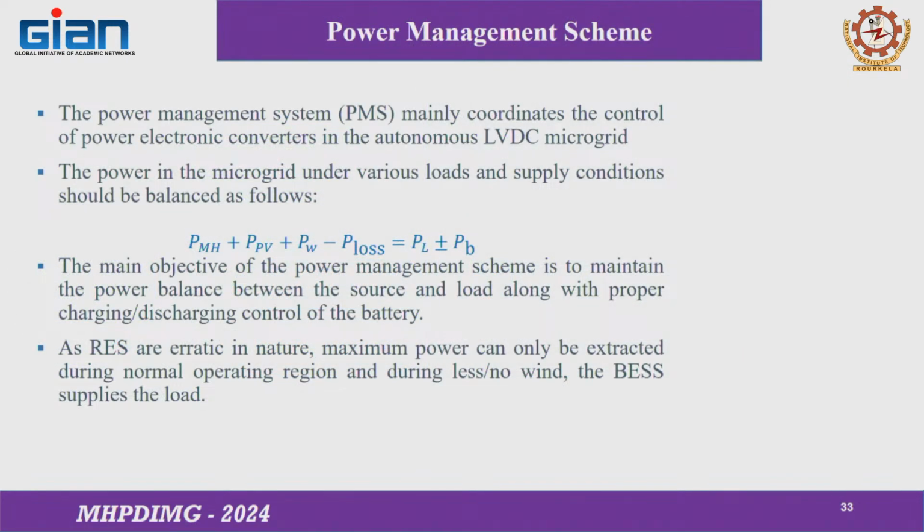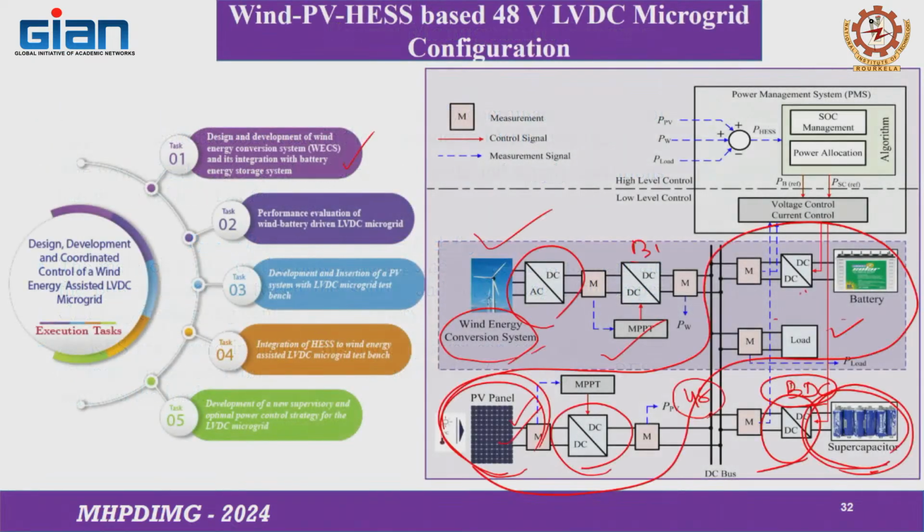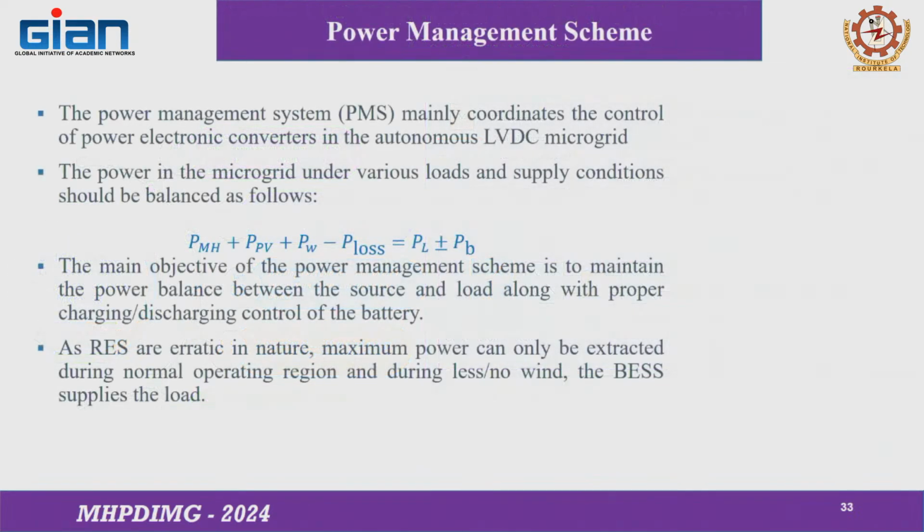Then in the low level of control we have tried to make the DC bus voltage constant. Going to the higher level of control, we go for the power management, and the SOC estimation of the battery is also done. The battery is prevented from overcharging and over-discharging. For that power management, the basic power equation is shown here for all types of sources. I have shown 3 sources here, but till now we have not added this one in our lab.